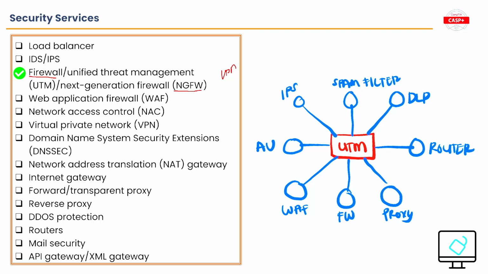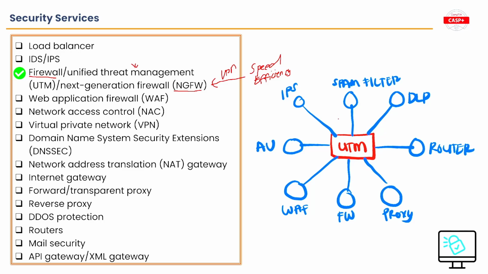Next-gen firewalls may seem similar to UTMs, or Unified Threat Management. However, next-gen firewalls are built for speed. We put here speed and efficiency. So this is for the next-gen firewalls.